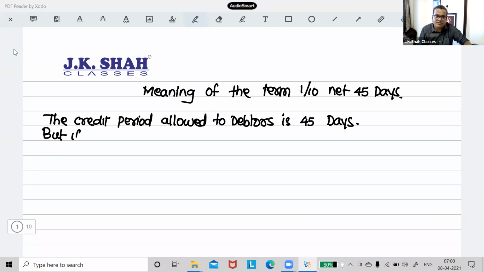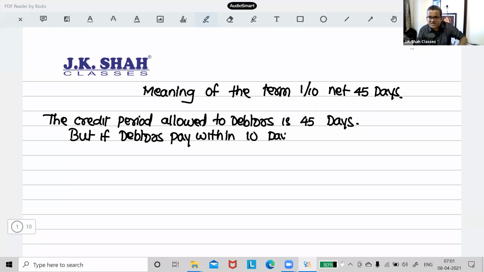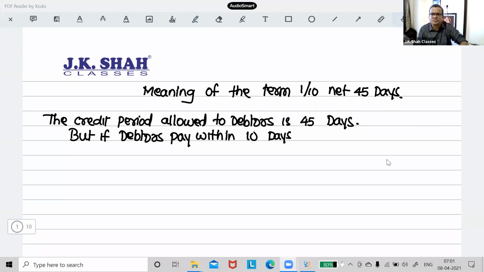But if debtors pay within 10 days, they will get 1% discount.